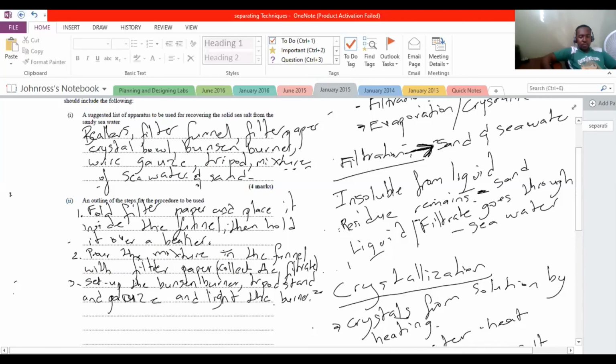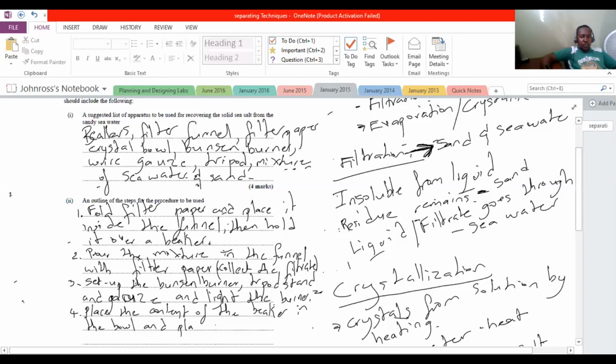Then after you light the Bunsen burner, what will you do? You place the content of the beaker in the crystallization bowl. I'll just call it the bowl here.